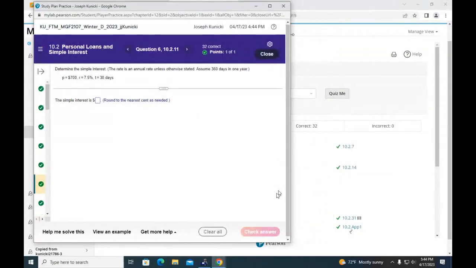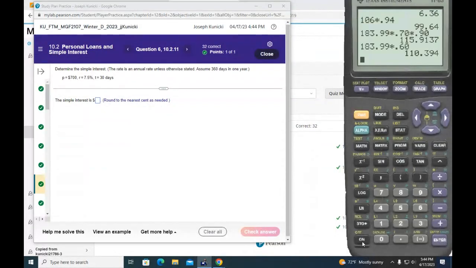Number 11. So now we're just going to go ahead and calculate some. It's real simple. I equals PRT. So to start off, these are real simple. Just remember that we have to change the rate to a decimal. So 700 times 0.075, 7.5%, times 30 days. Since the R is obviously an annual rate, they said so.